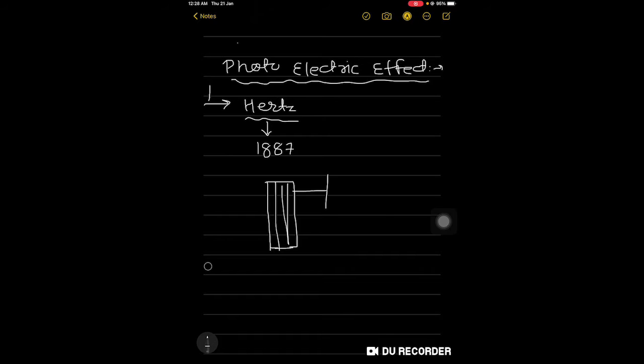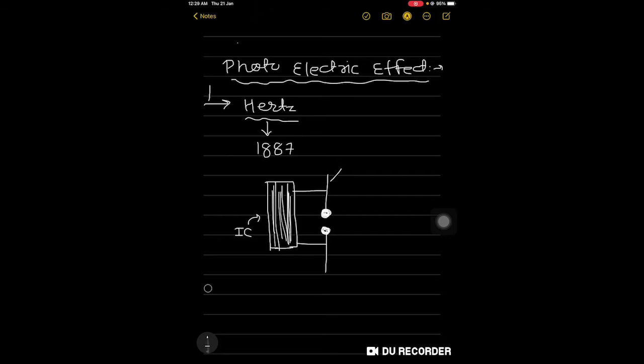was just like this. Here he has a spherical rod and a spherical metallic sheet. This is one induction coil. Here we can see that this is the induction coil.